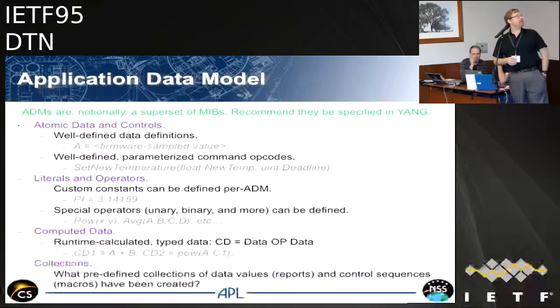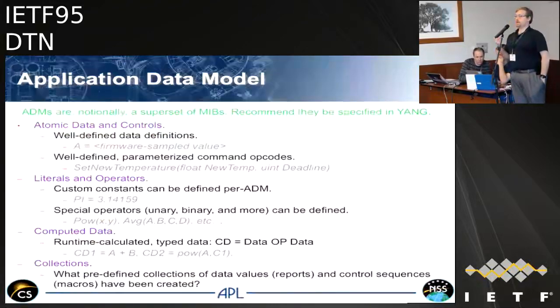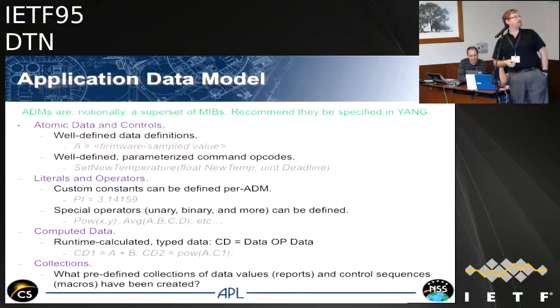The application data model has in it atomic data values, which is much like a MIB, the data that would be measured directly from a device and firmware. It has computed data associated with it, which is sort of down at the bottom, which is real-time computed data that can either be computed once and held or computed on every evaluation cycle, again, similar to what we can have in a MIB.